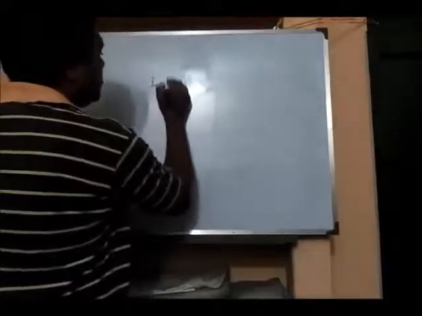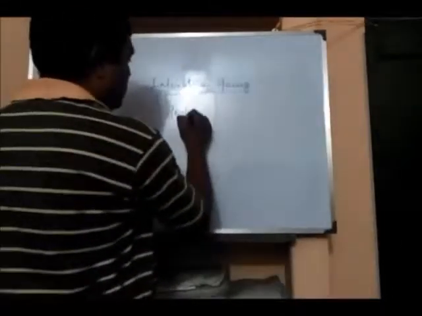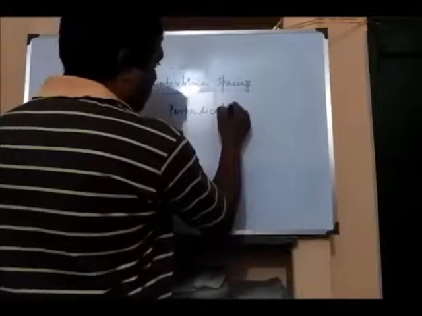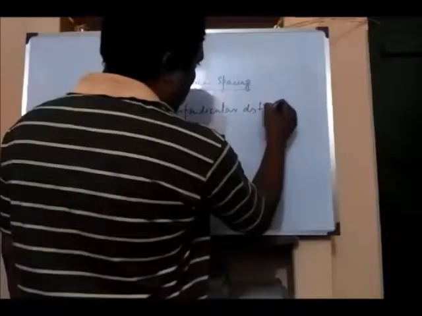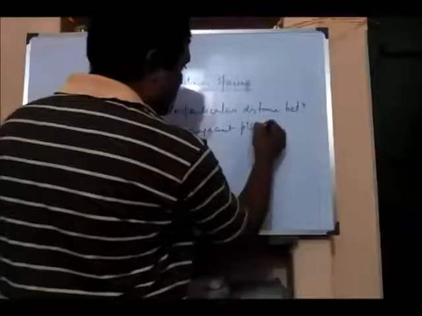If you consider that there exists some plane, then those planes must have some interplanar spacing. Okay. Now, what is the interplanar spacing? Interplanar spacing is just the perpendicular distance between two adjacent planes.